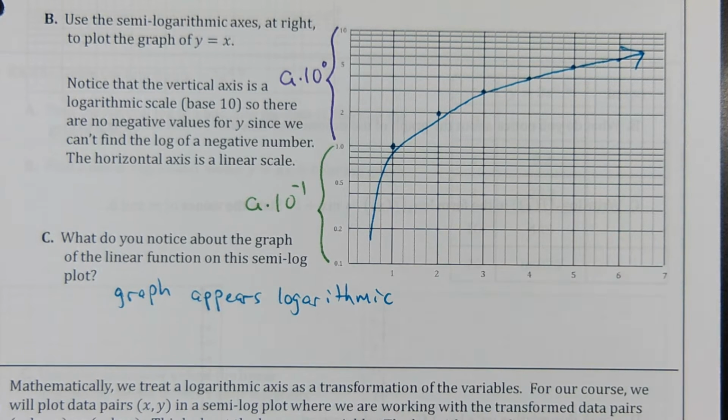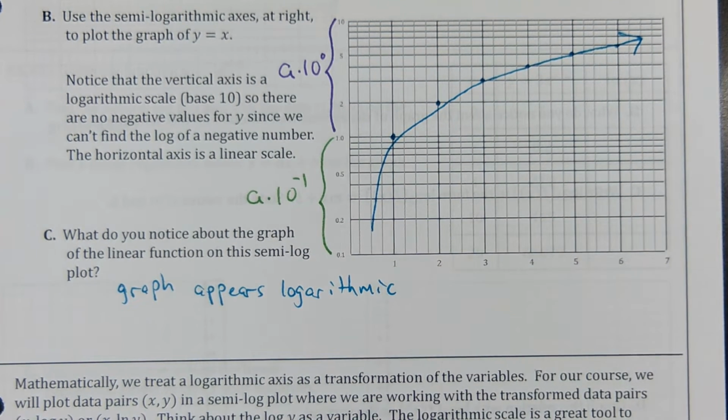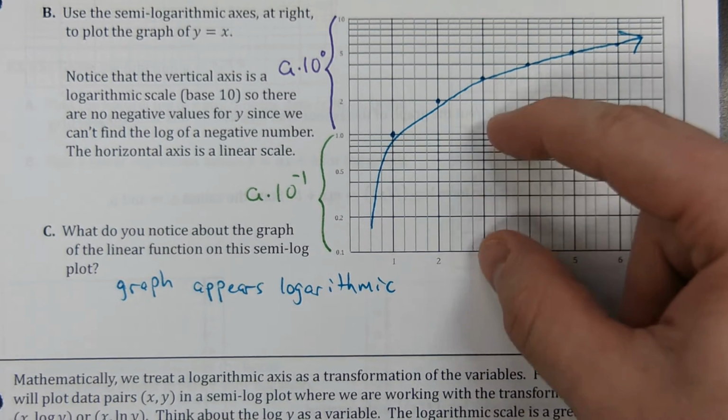It's not an accident, because all notes are logarithmic. They're separated by fifths, are they not? A, B, C, D, E. Musical notes are logarithmic. And what you're looking at here are octaves.